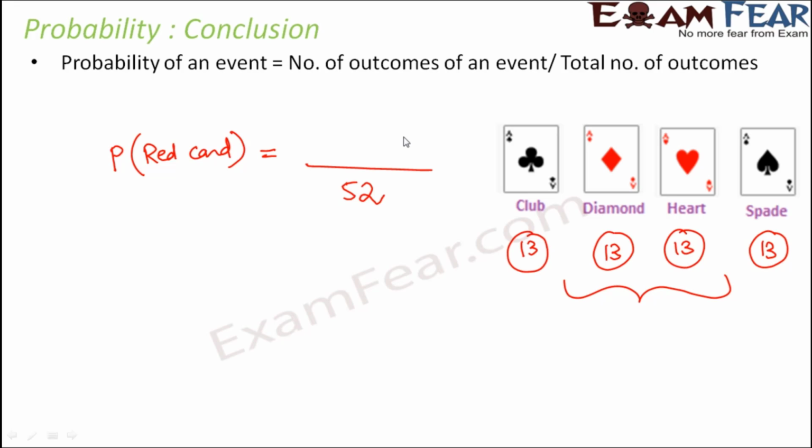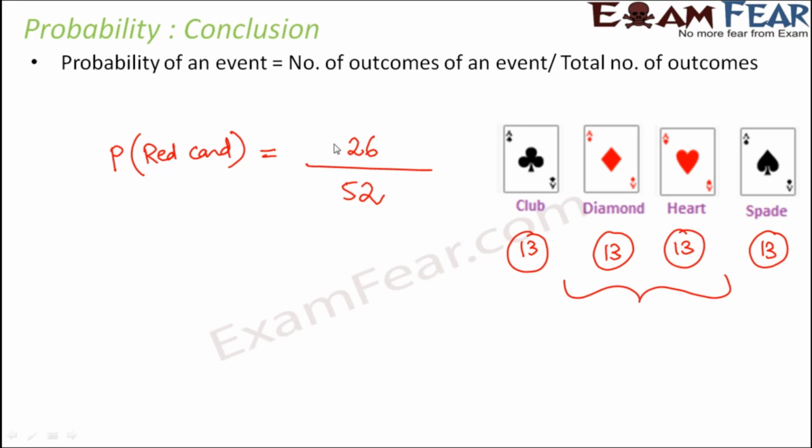That means there are 26 possible outcomes that we can get as a red card. So we can get a red diamond 5, a red heart 6, a red heart king, a red diamond queen. So total possible outcomes for a red card will be 26. Therefore the probability of getting a red card will be 26 by 52.